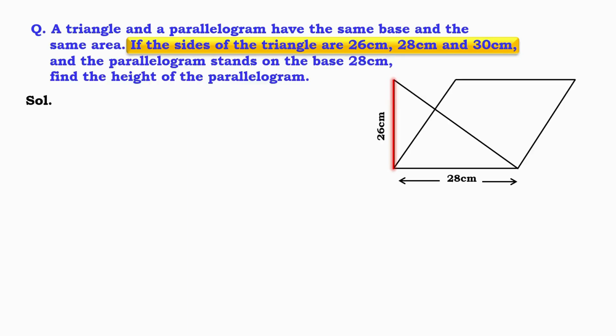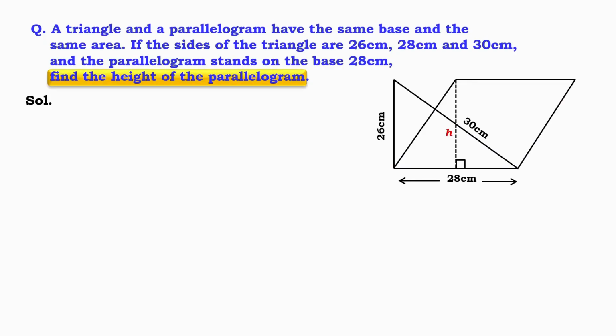And we can take 26 as the other side of the triangle, and the third side will be 30 centimeter. Now this is the parallelogram which stands on the 28 centimeter base.